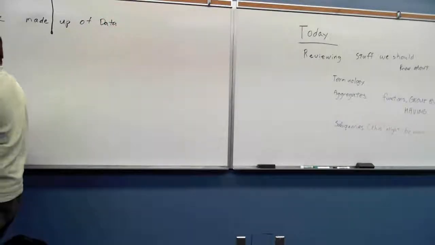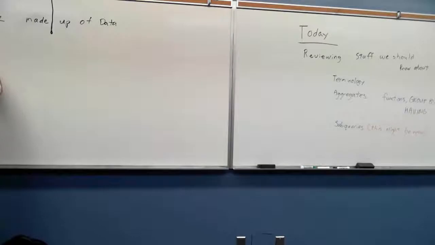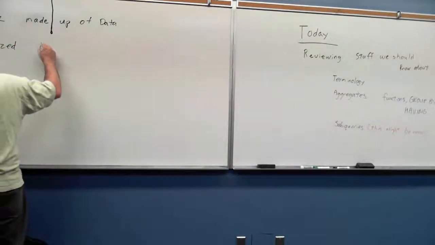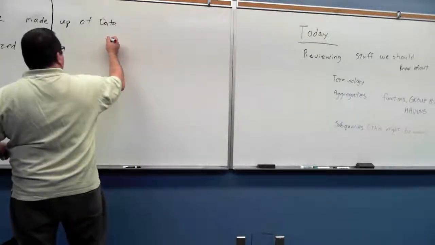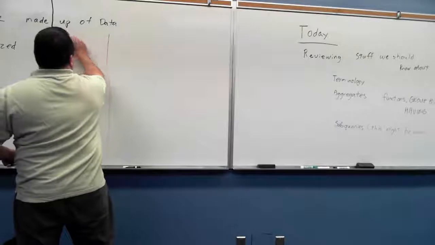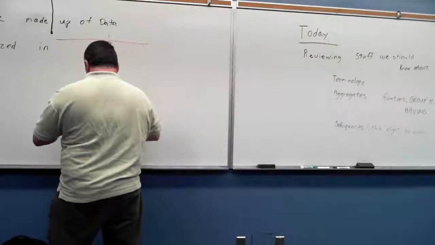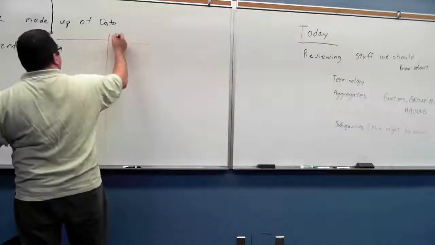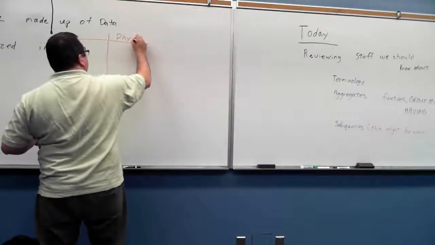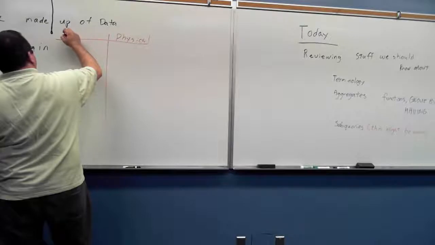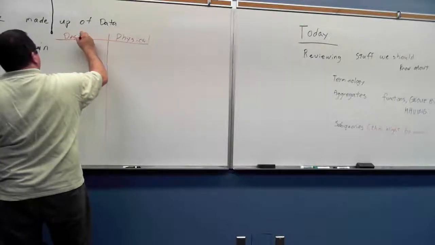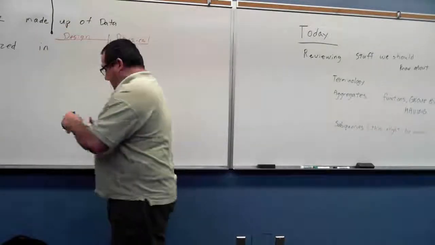Okay, and this data is organized how? And now I'm going to put down 2 columns, because it's organized in 2 different kinds of things.